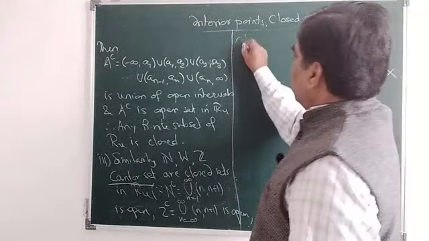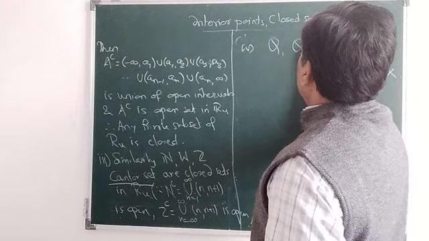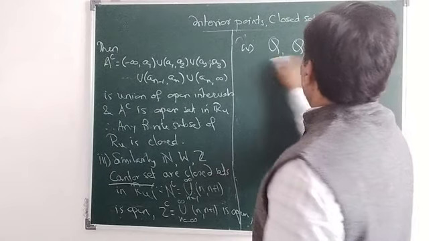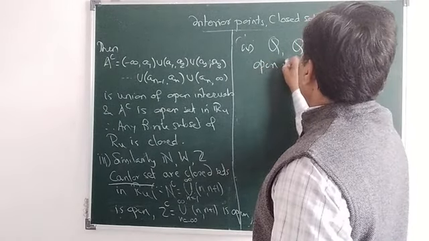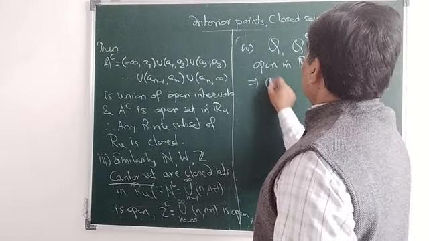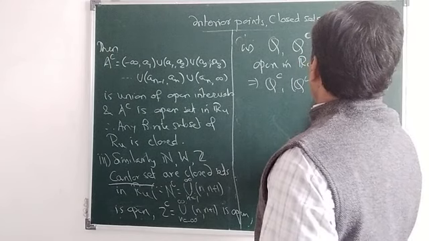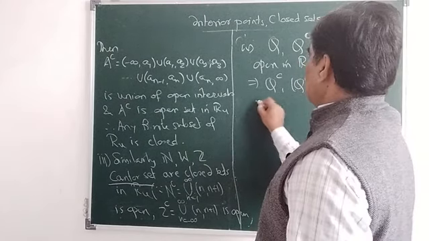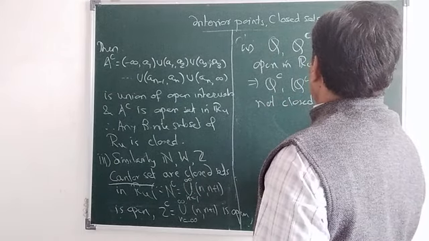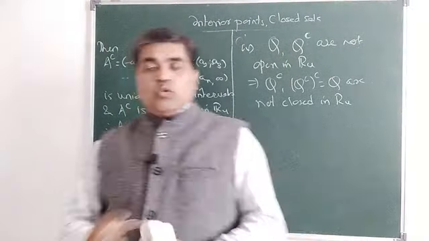Fourth one, the set of rational numbers. Q complement is not open in R_U, which implies its complement, Q, is not closed in R_U. Why is the set of rational numbers not open?